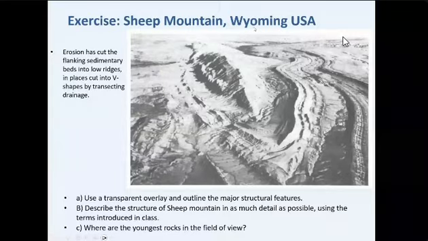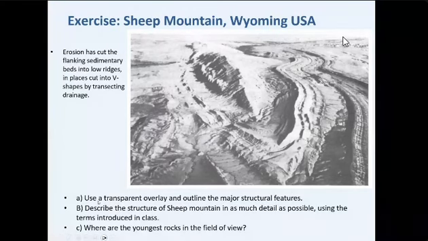Erosion has cut the flanking sedimentary beds into low ridges, in places cut into V shapes by transecting drainage. What we're saying is that this is a residual surface because it has undergone weathering and erosion, and now this is what you have for the surface.